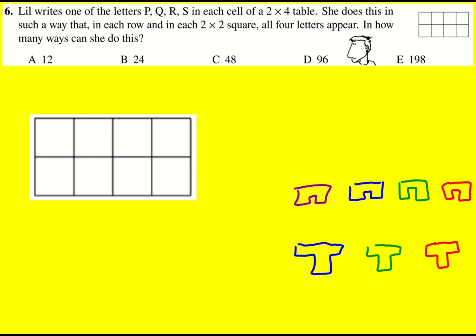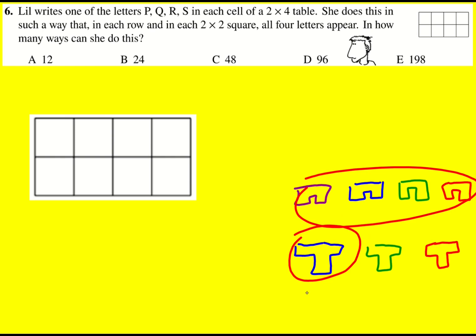So for every t-shirt, I could pick four different combinations of shorts. So I've got four options basically for my blue t-shirt. Then I also have four options for my green t-shirt for the different shorts and four for my red t-shirt. So actually I've got four times three or three times four, however you want to think about it, different options.